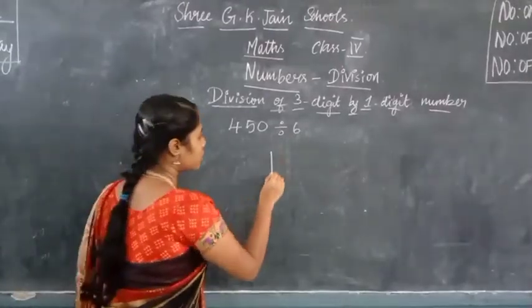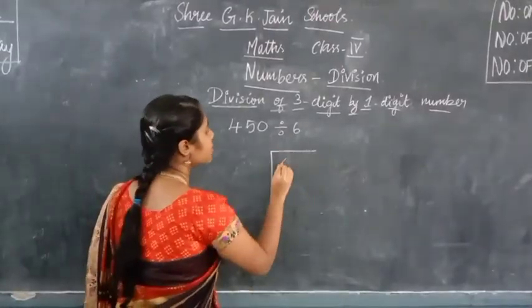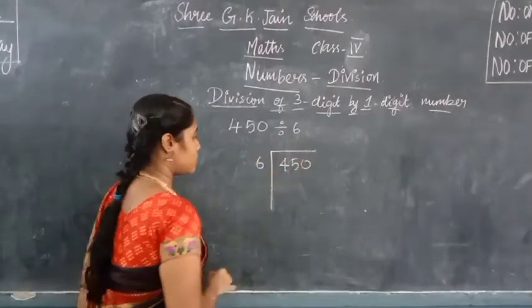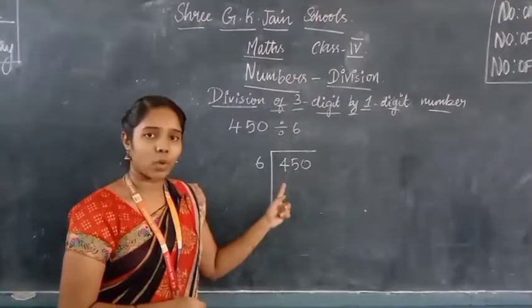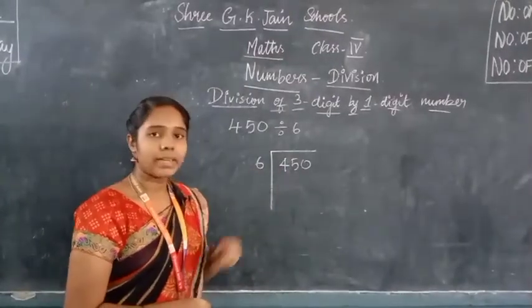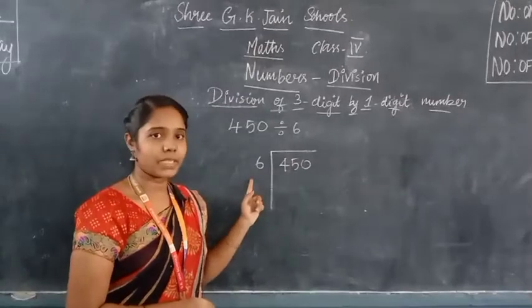Put it like this, and write the dividend inside and put the divisor outside. So we are going to divide 450 with 6. To divide it, you should know the 6 tables very well.